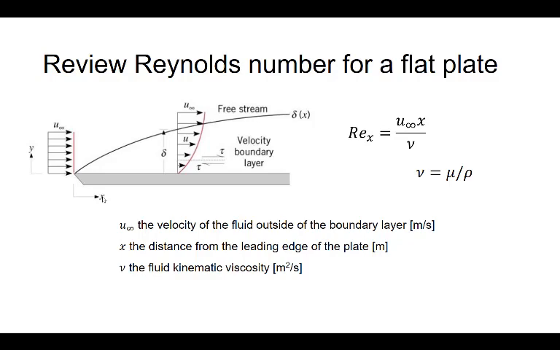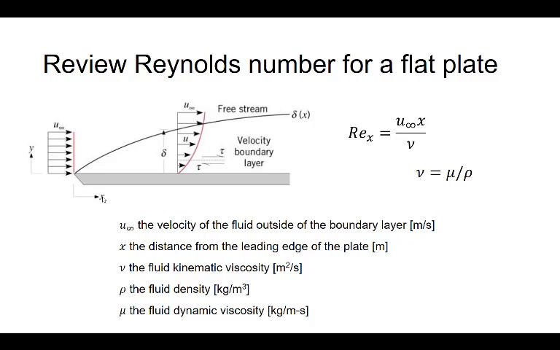It is defined as the ratio of the fluid dynamic viscosity and the fluid density. The fluid density is denoted by the variable rho. The fluid dynamic viscosity is denoted by the variable mu.